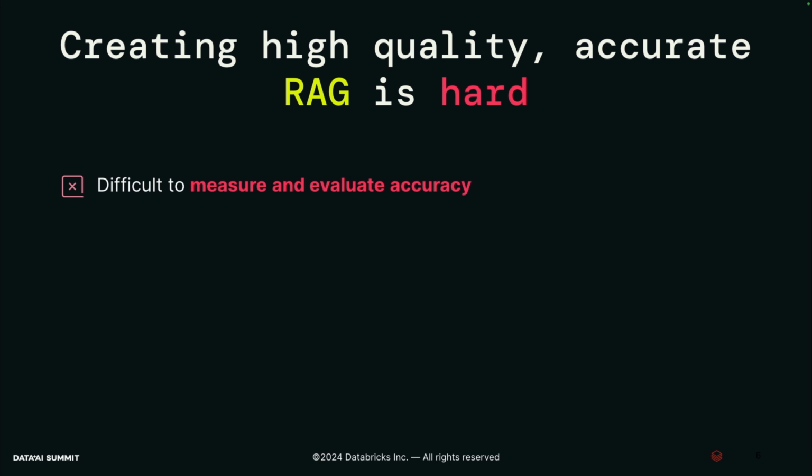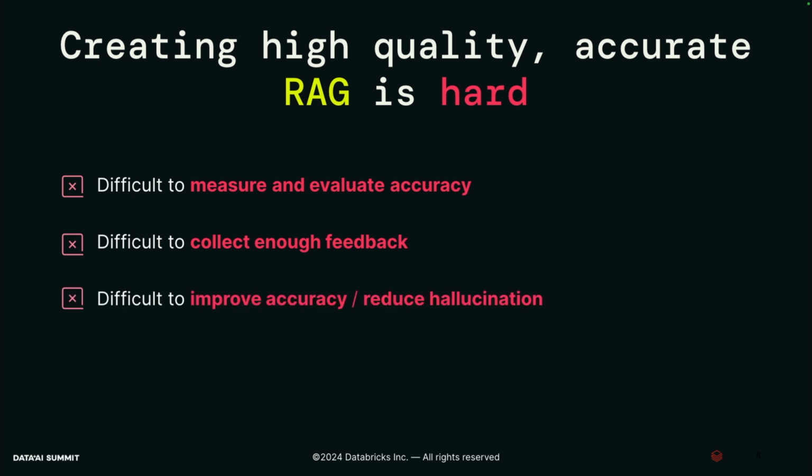And in cases where you can define what a right answer is, it's often difficult to collect that in a very efficient, very scalable way. On that point in particular, it's difficult to collect enough feedback. Where you can collect the right answers, it's often very manual and labor-intensive to do so.